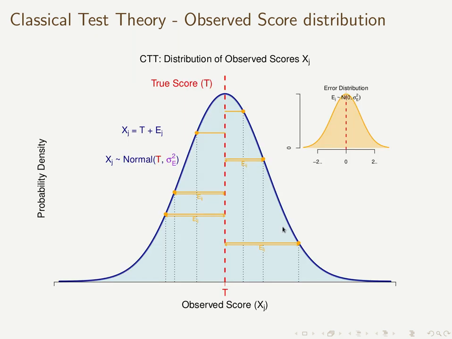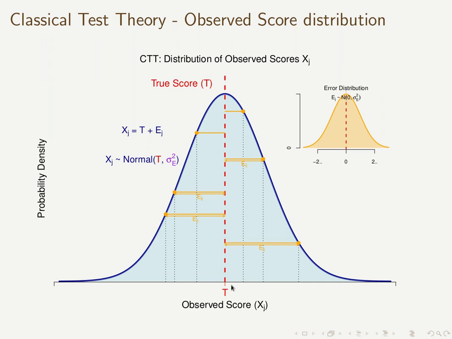For the visual learners out there, here we have a nice little representation of how this works. So here the red dotted line denotes the true score for my participants. So this is the actual true grade that corresponds to their actual level of knowledge that this test is trying to measure.